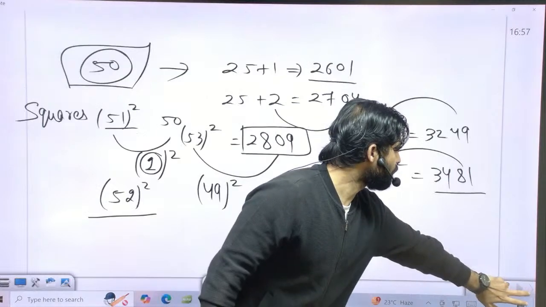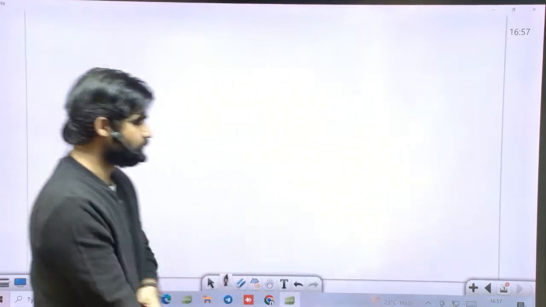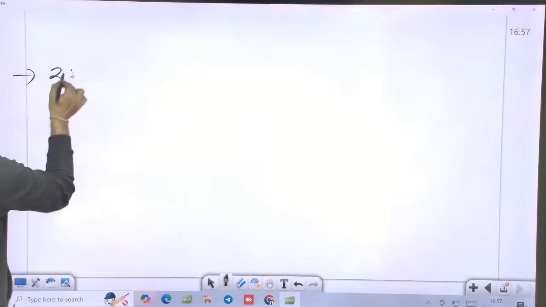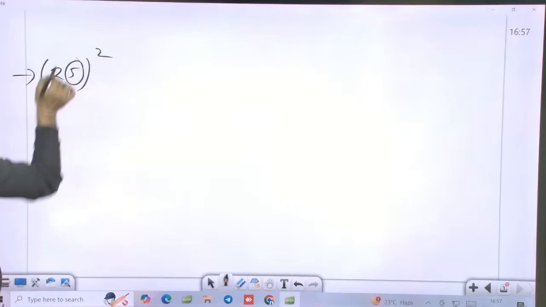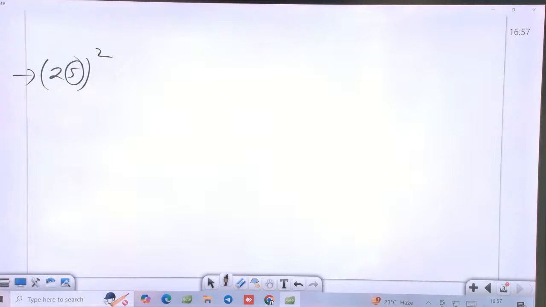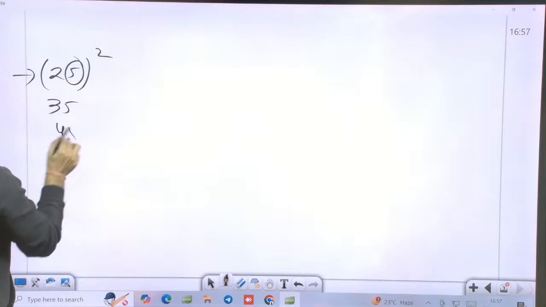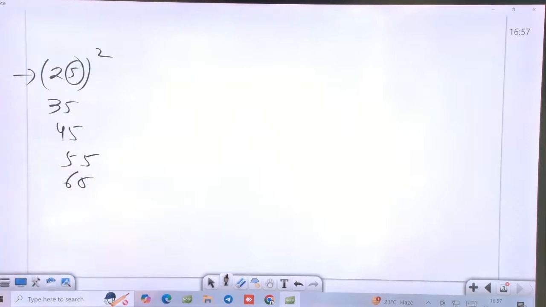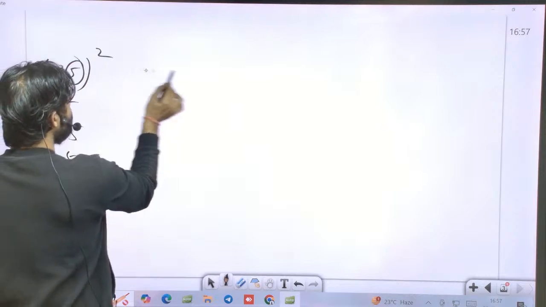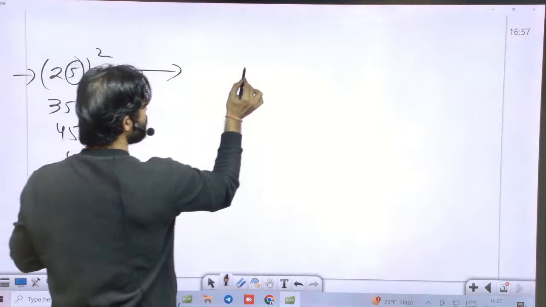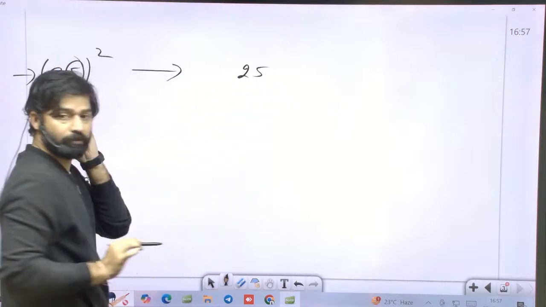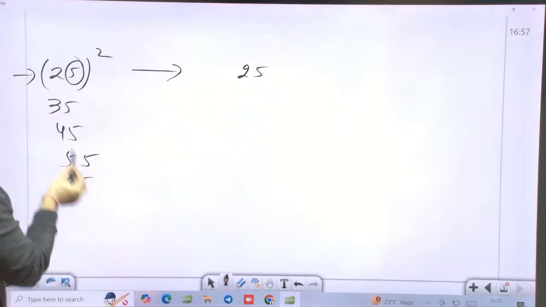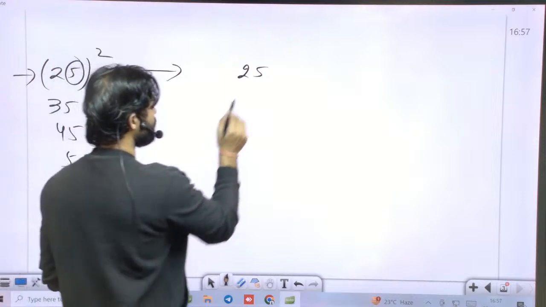Let's understand one more, because we are covering it. We are covering the numbers which have 5 as unit digit, like 25, 35, 45, 55, 65, and so on. To do that, square 5 first of all, that unit digit. I'm writing it here separately.